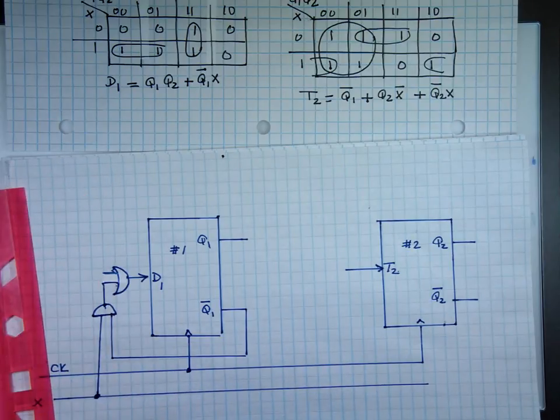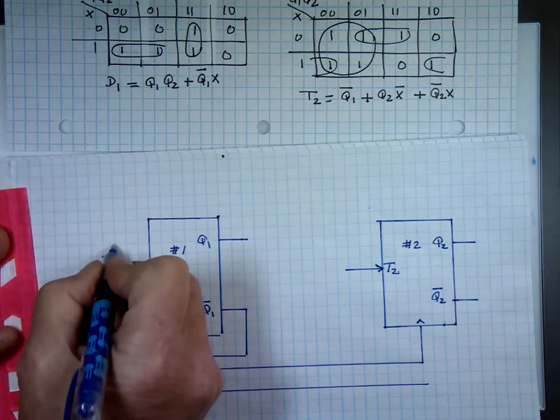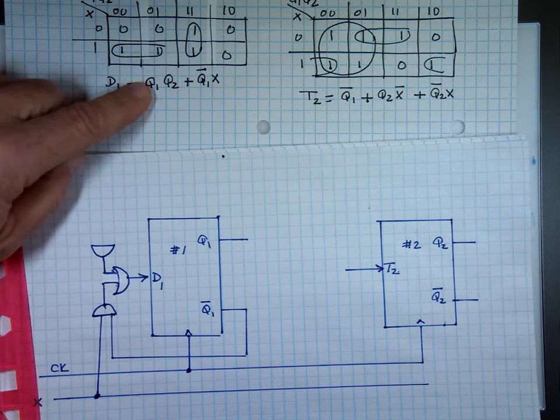And we have another AND gate here. And what's going to that? Q1 and Q2. This is Q1.